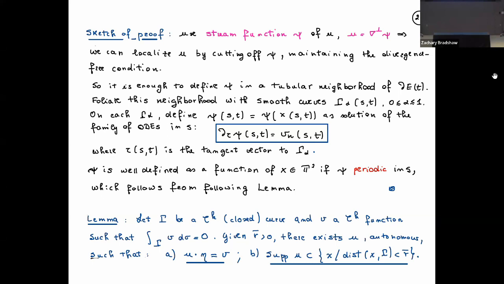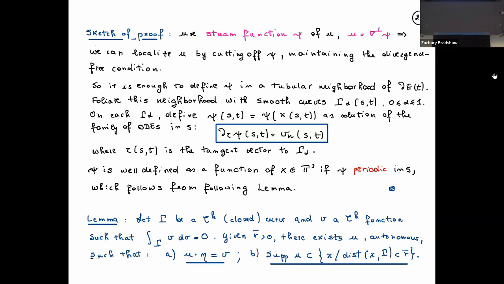So for each fixed alpha, this should depend on alpha. I didn't write it because the notation is already heavy. And I'm also fixing T. So alpha and T are fixed, and then in S, I solve this ODE. And so on each curve, I have a well-defined function, but does it really represent a function in the neighborhood of the set? And that's the question.